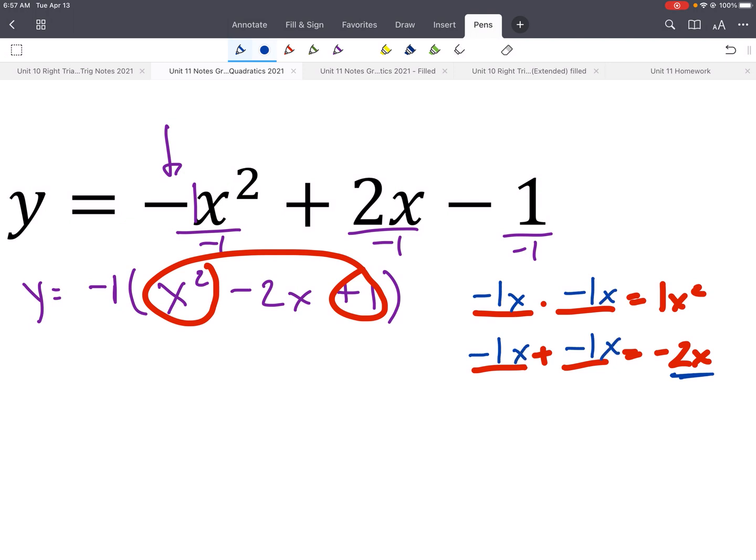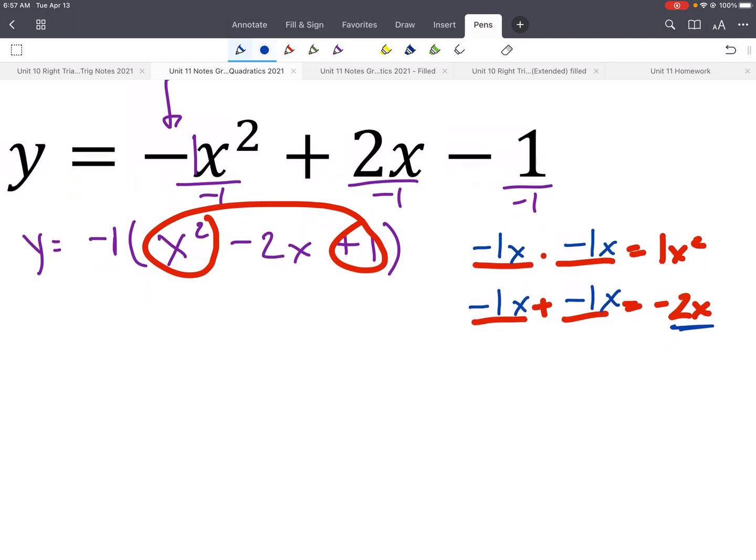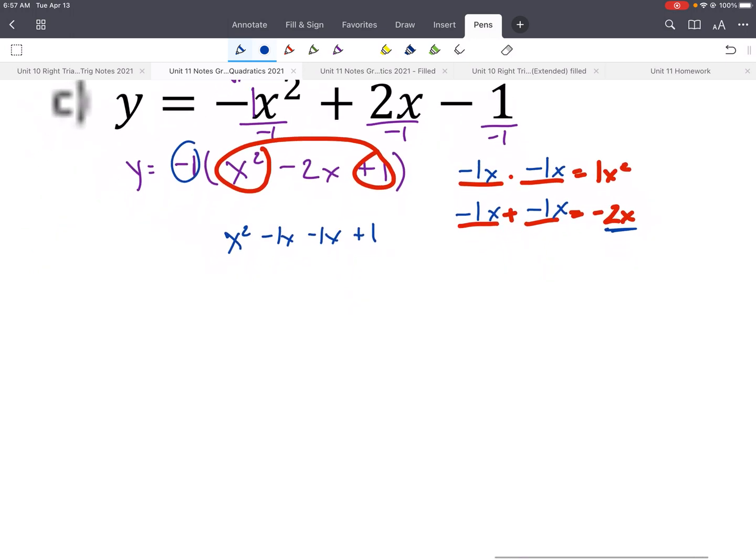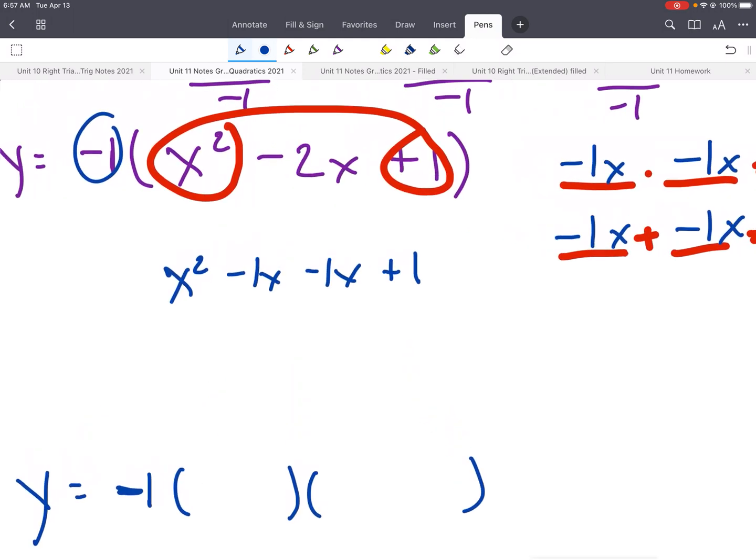And then we'll substitute in. So x squared minus 1x plus 1. And then, again, we have this negative, our greatest common factor. In the past, I suggested to write that out first and write your two parentheses, and that way you don't forget. I'm going to use the box method just to mix it up.